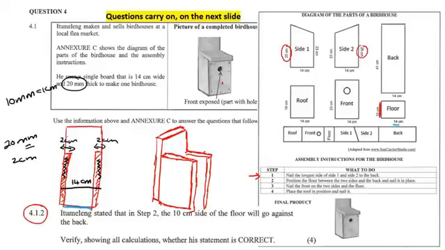Well done if you realized that would be 10. There would only be 10 centimeters left over, because 14 is the total, minus 2, minus 2. So he is correct in saying that it's the 10 centimeter side that will go against the back, not the 14 centimeter.